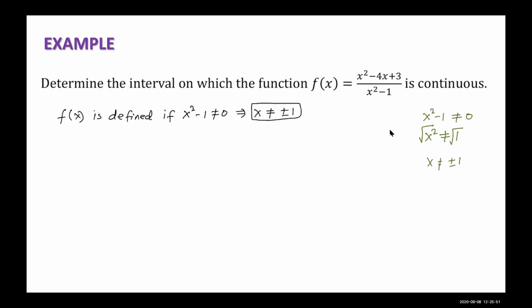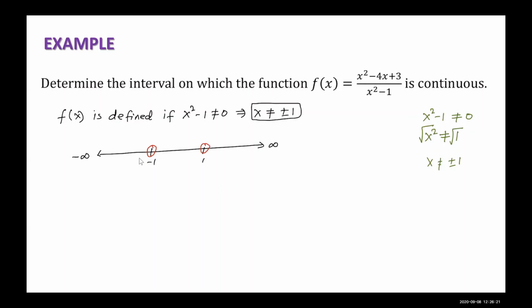So the meaning of that is our function is well defined from negative infinity up to infinity, except at negative 1 and positive 1. At negative 1 and positive 1, the function is not defined. And you know that if the function is not defined, it is not continuous here and here.